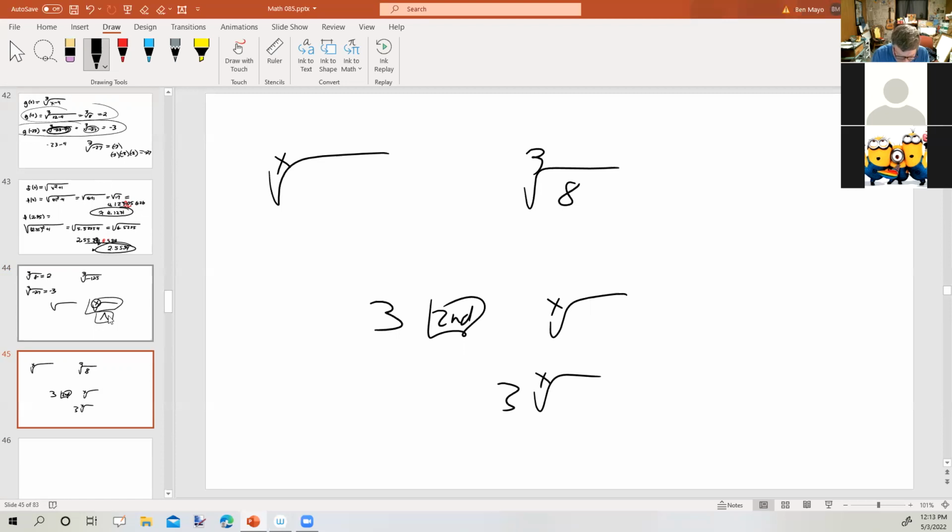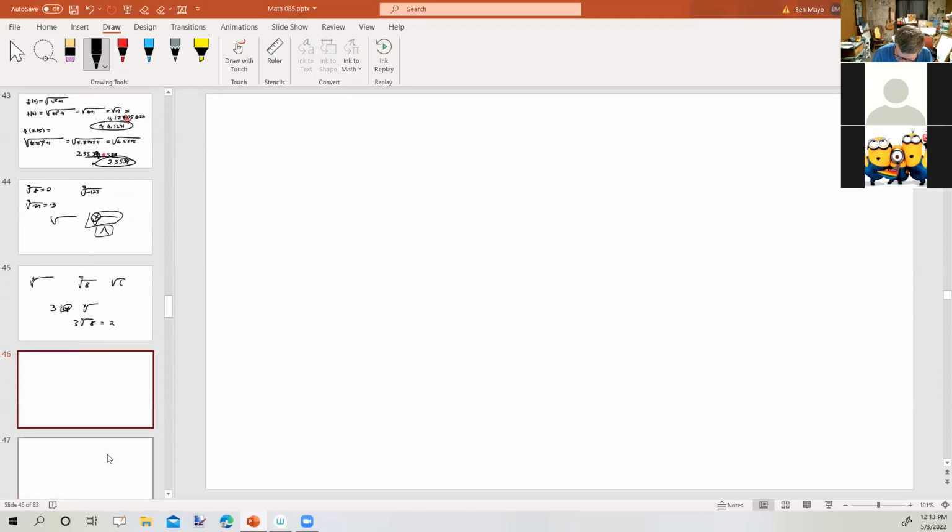Then put in the number 8 and push equals, and you get 2. Now notice that the square root put a parenthesis. This one doesn't.